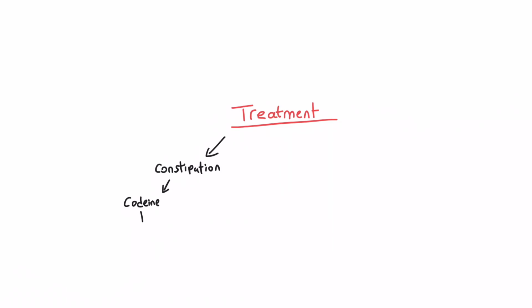If they're taking it, ask them to stop it, at least for the time being, and you want to give them some laxatives. This is quite common obviously with the elderly. That could be your Movicol, your Senna, and so forth.